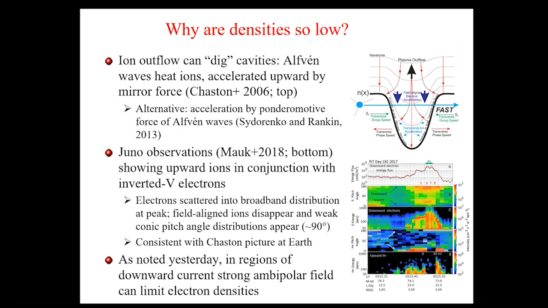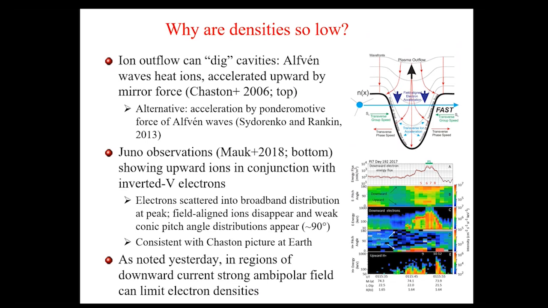I would tend to interpret this as a region where either alphanic or perhaps whistler mode turbulence is scattering these particles into a broadband distribution. Either of those wave modes can accelerate ions perpendicular to the field and produce these ion conic distributions. So this whole picture seems consistent with what Chris Chaston and the FAST team have discussed at Earth.